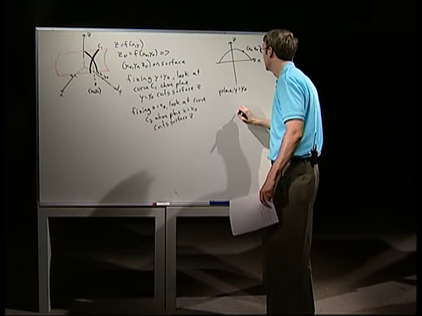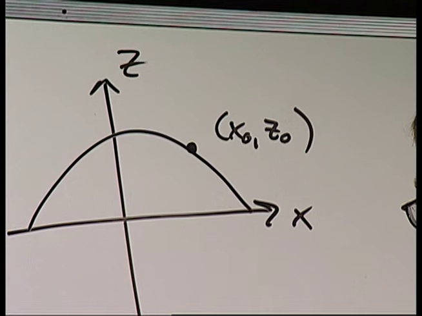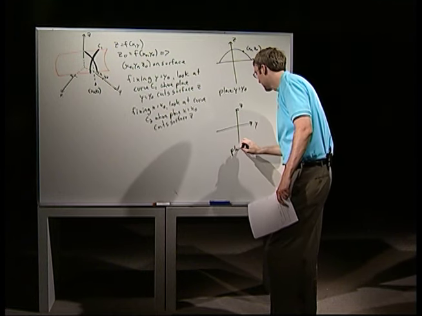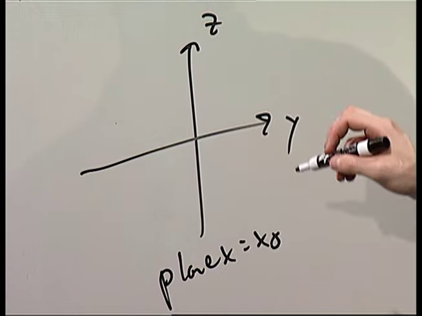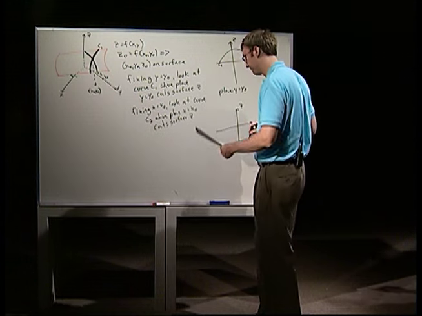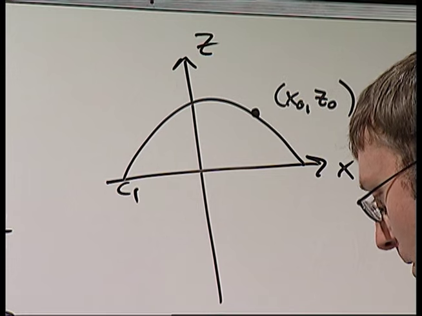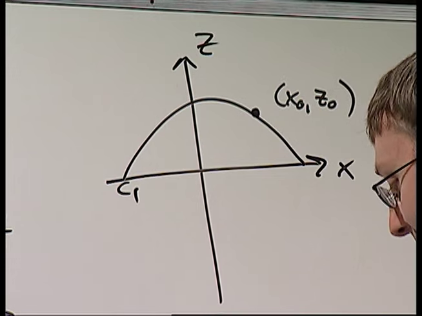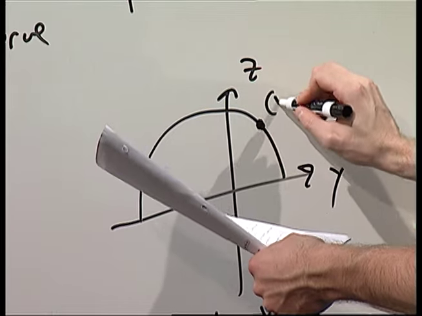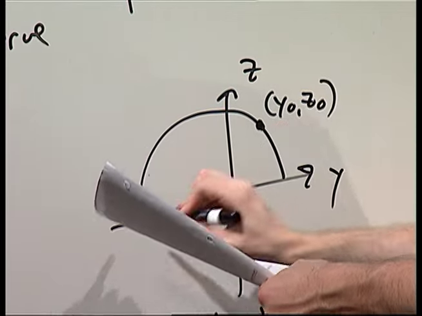And similarly, here's a picture. Let's just vary y and z, and let's look in the plane x equals x naught. This is C2 here. There, we get somebody that looks maybe like that. And maybe over there, there's y naught, z naught.